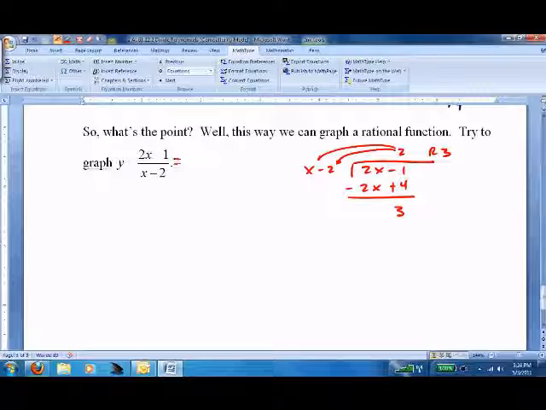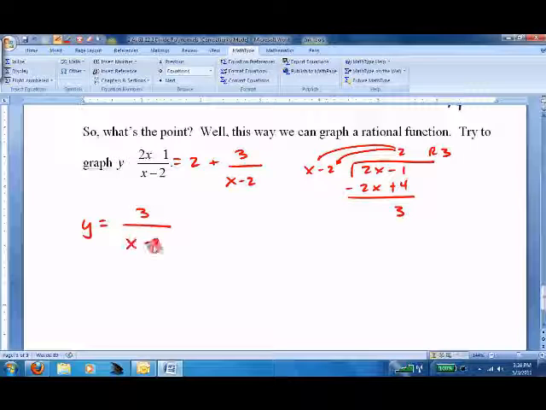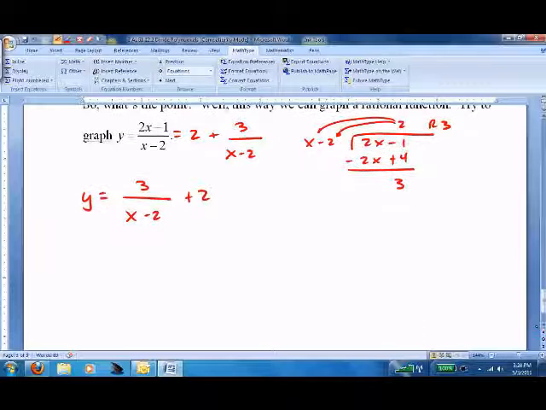So this is equal to 2 plus 3 over x minus 2. I'm going to rewrite it. 3 over x minus 2 plus 2. How do we graph that? Well, that's what we spent all previous class doing.